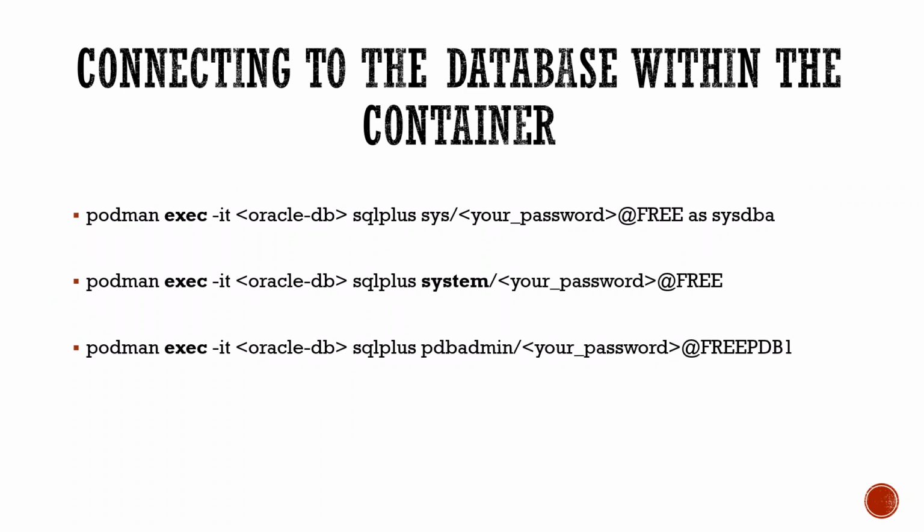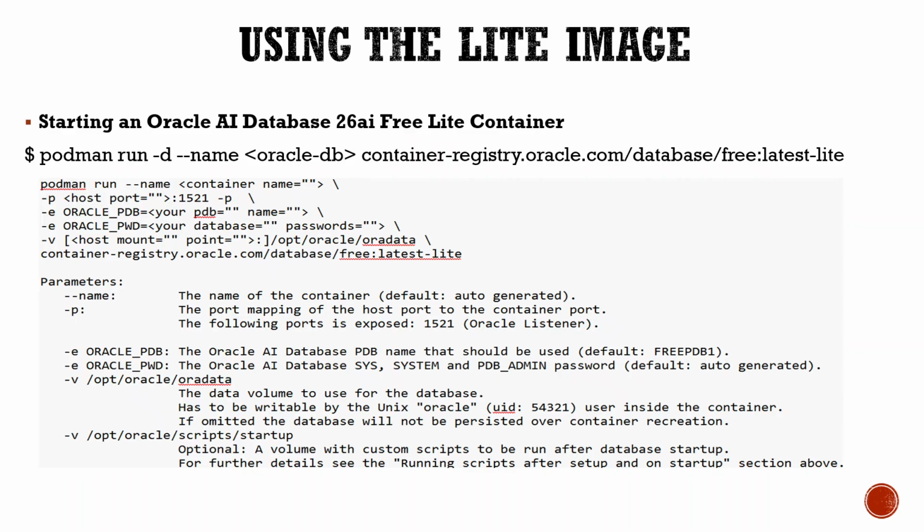These are different commands to log into the pod using SQL*Plus, so this is how to get connected using SQL*Plus. This is to install the lite version. If you don't mention anything and mention just latest, it will install the full version. If you mention lite, it will install the lighter version.